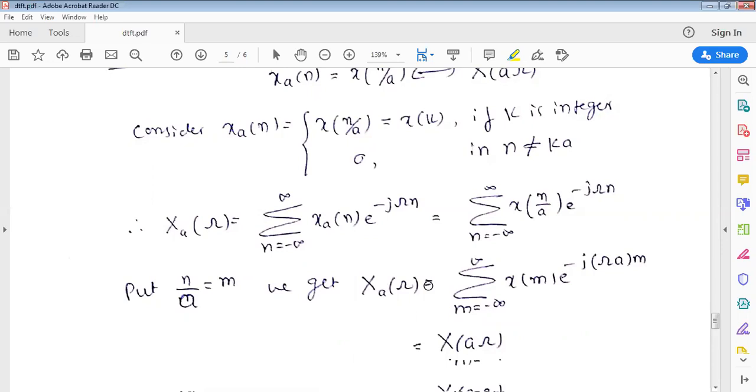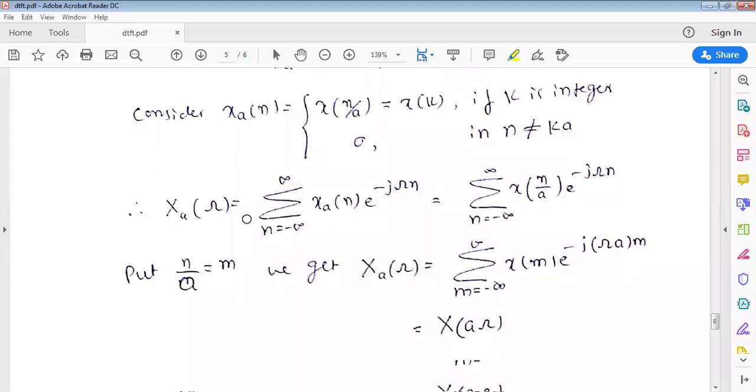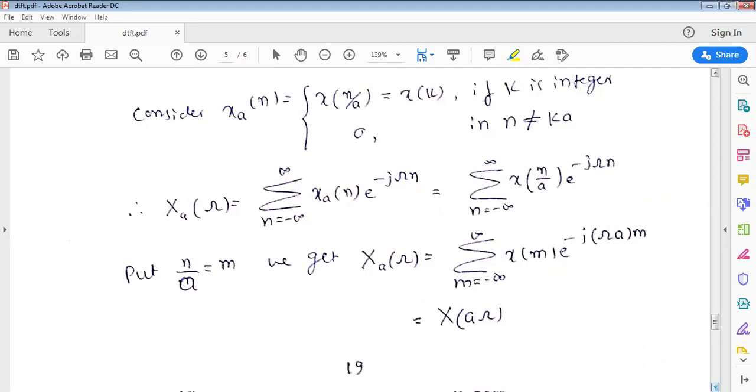So X_a of omega is equal to the sum over m from minus infinity to plus infinity of x of m e power minus j omega a m. n gets replaced by am. So it is the same as x of m into e power minus j omega m, but the only difference is omega gets replaced by a omega.